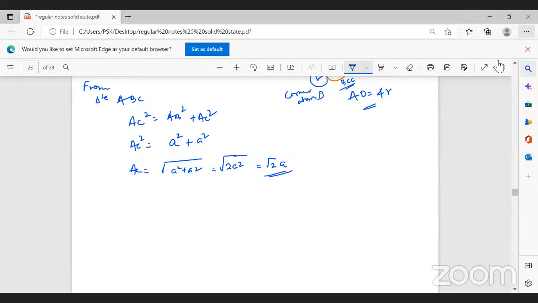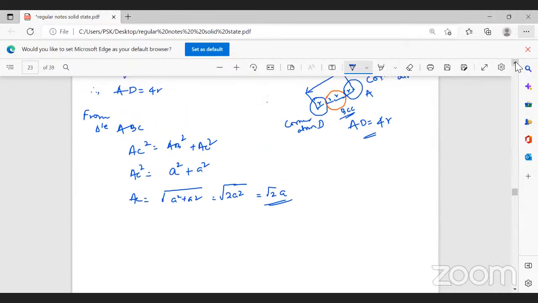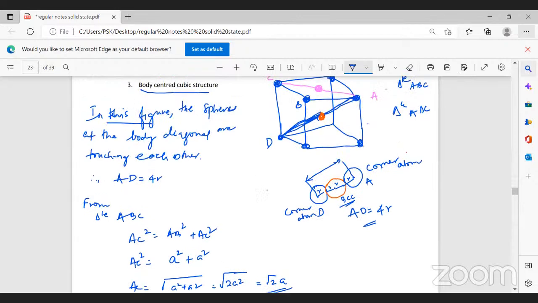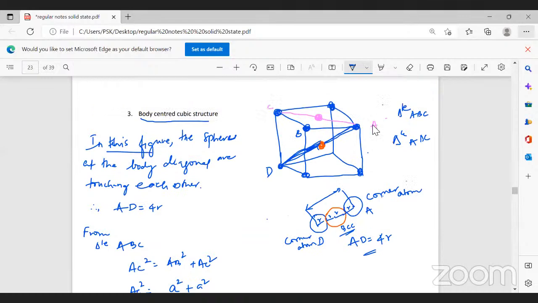Why do we want this value AC? Because if I'm considering the triangle ADC, I should know what this length is. That is why we have considered this ABC first. All right.